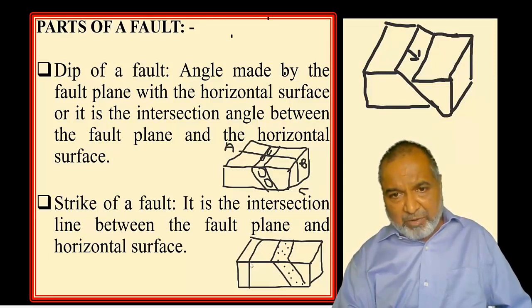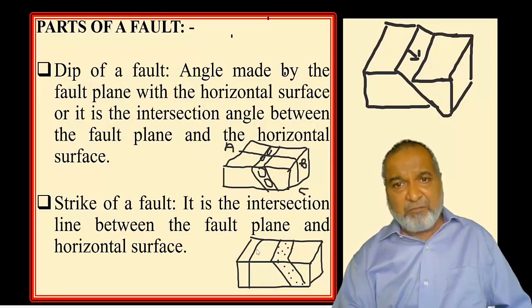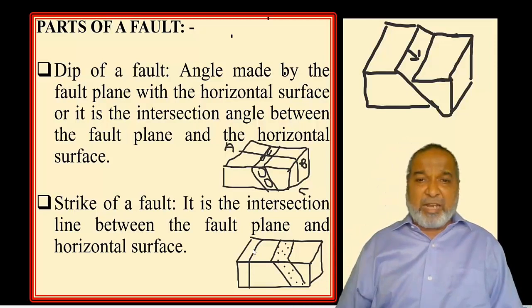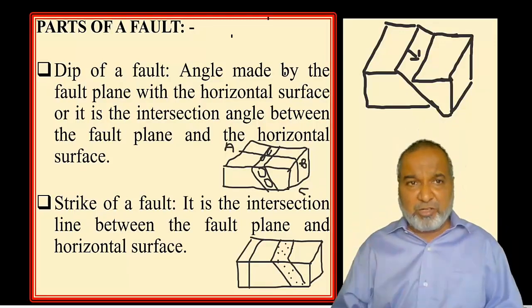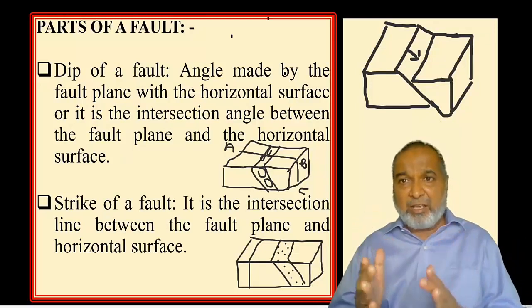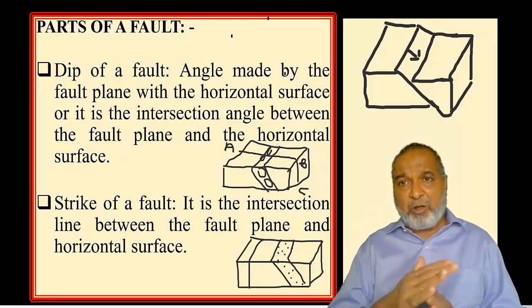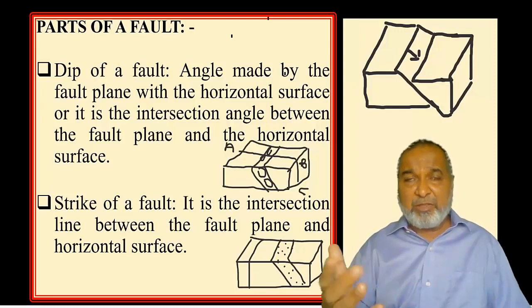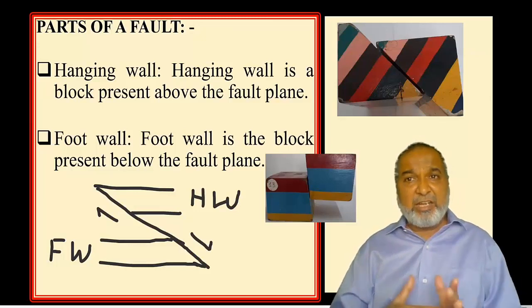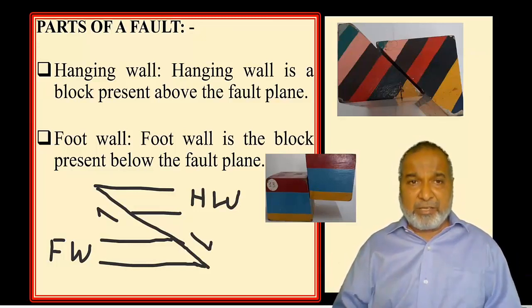So strike is the intersection line between the fault plane and the horizontal surface. Dip is the angle measured between the fault and the horizontal surface. What is the relation between these two? These two are perpendicular, 90 degrees. Strike and dip are at 90 degrees.